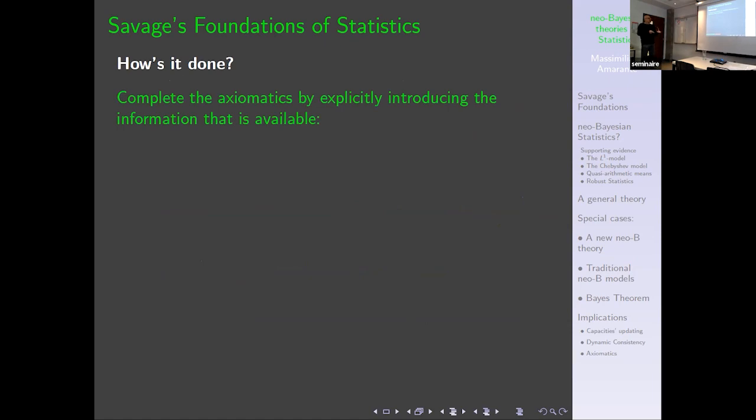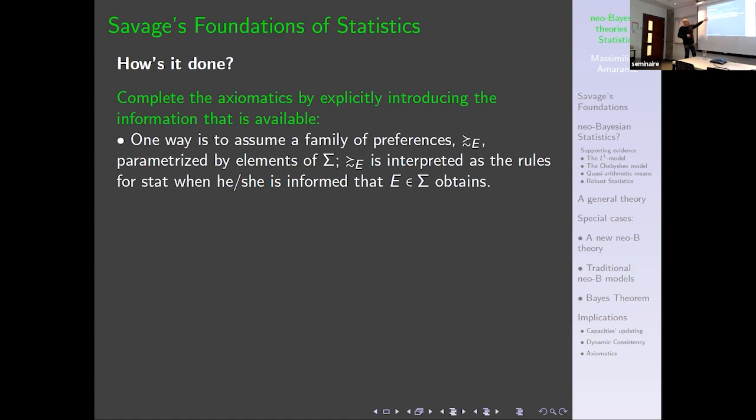Mechanically, how do you do this? Okay, before you have seen axiomatics in decision theory, just intuitively what you have to do is complete this axiomatics by explicitly introducing information. So one way to do this, not the only way, not even the first way, but you can assume a family of preferences parameterized by events in the sample space.